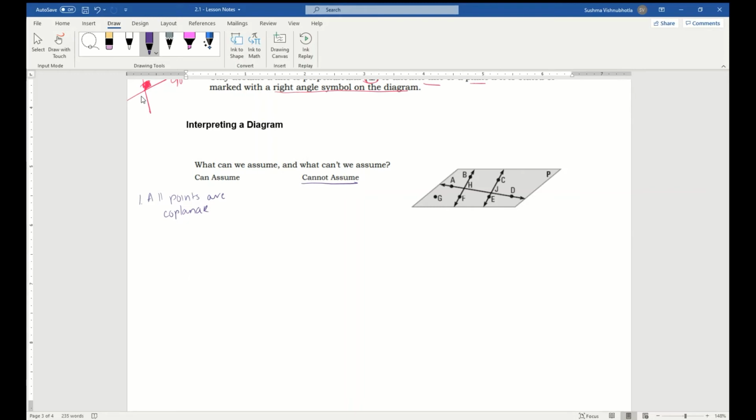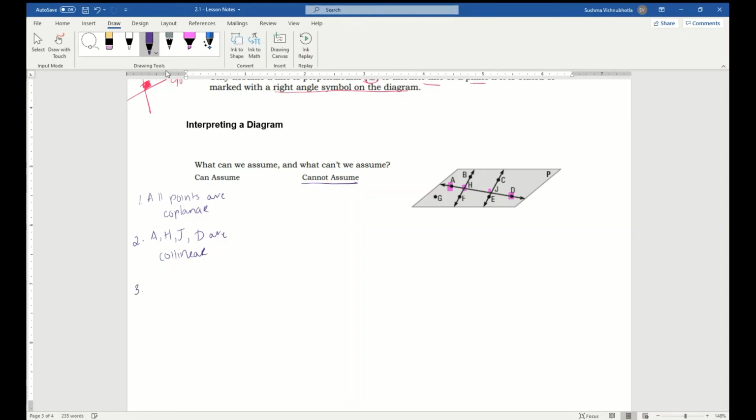Now, I can assume points A, H, J, and D are collinear. They're on a straight line. A, H, J, and D right here. Points A, there's H, there's J, there's D. They are collinear.